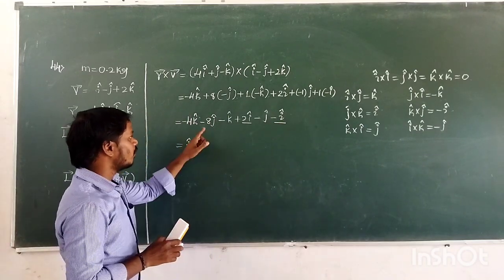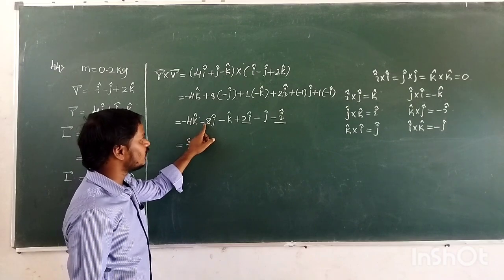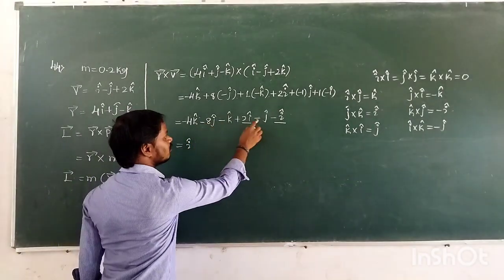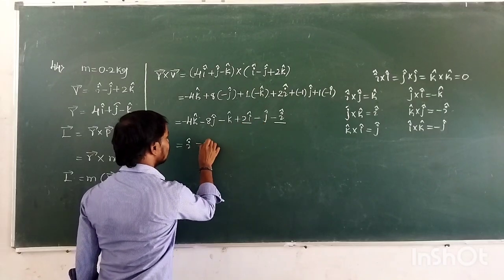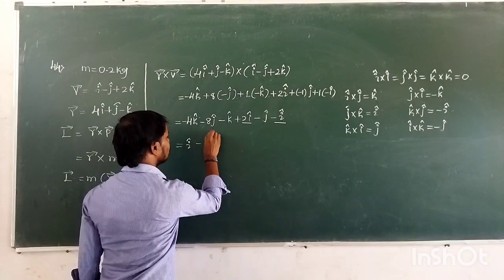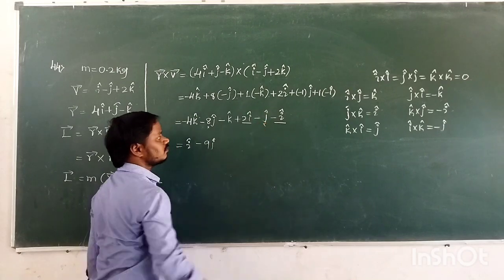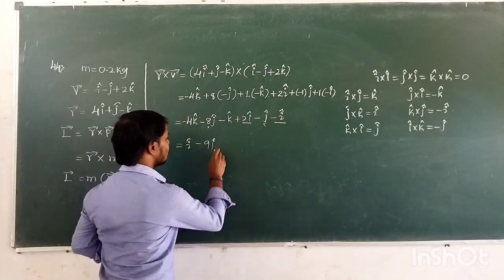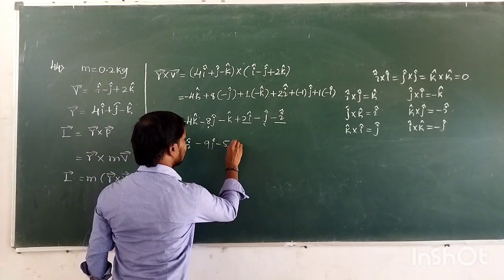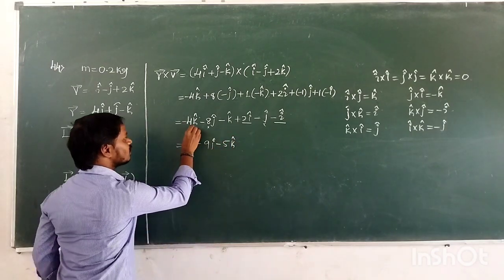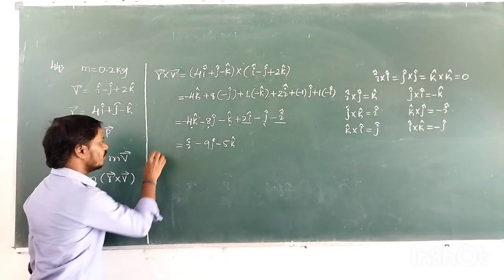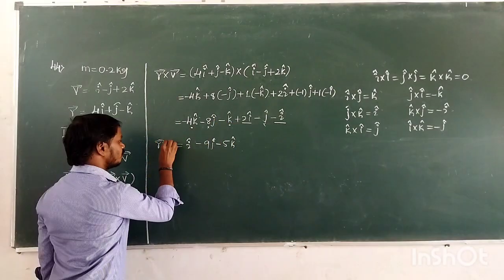Next, minus 8j minus j, that is minus 9j. Next, minus 4k minus k, that is minus 5k. Hence, it is the cross product of r and v. We got r cross v now.